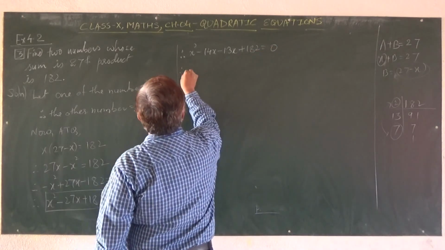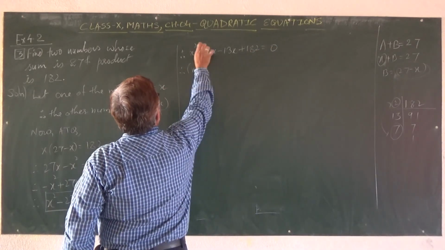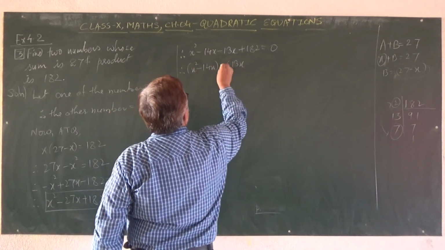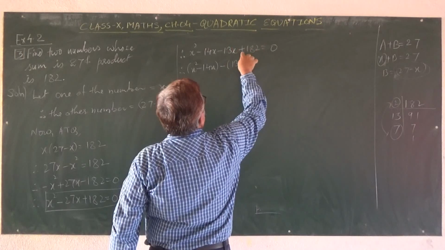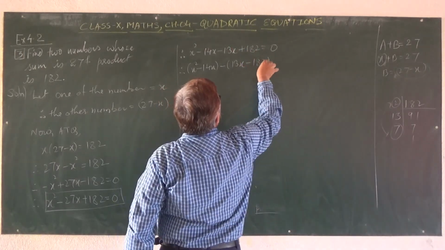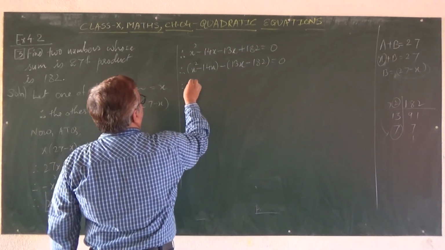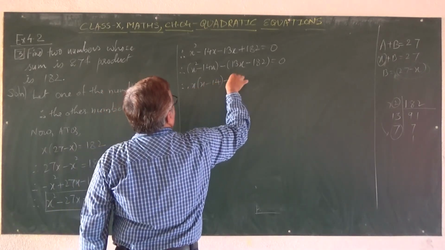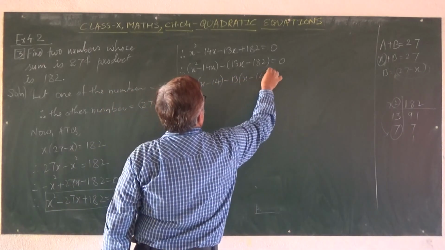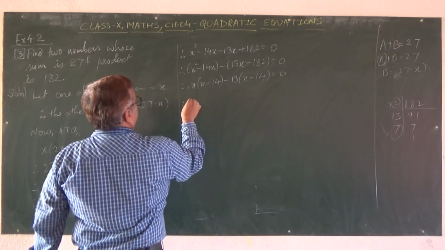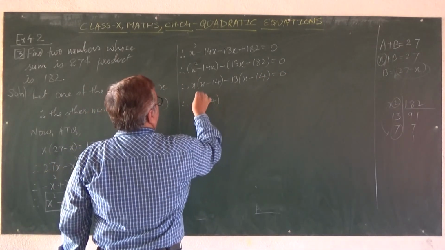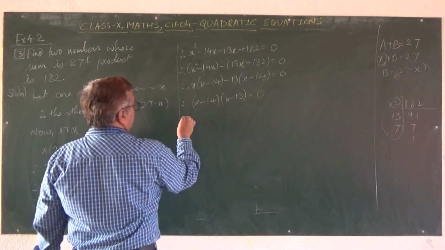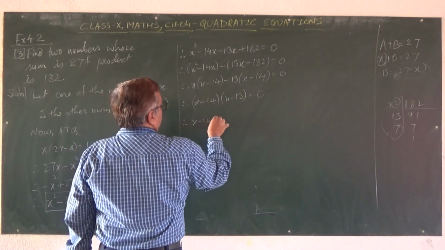Okay, so x square minus 14x, here it is minus, the bracket opens, plus will become minus. Okay, so x common, x minus 14, 13, x minus 14. So therefore x minus 14 into x minus 13 is equal to 0.